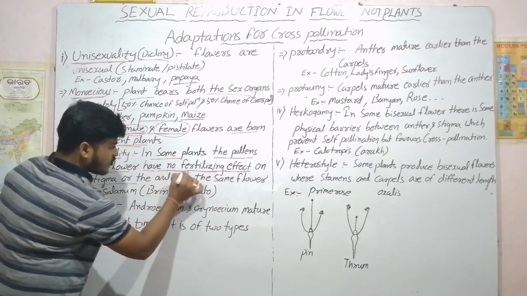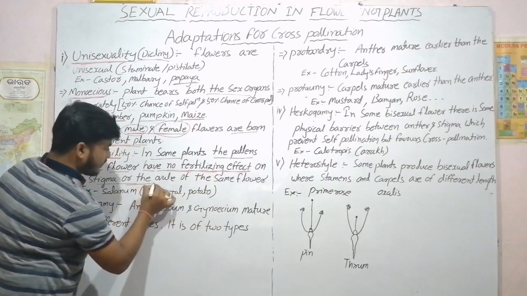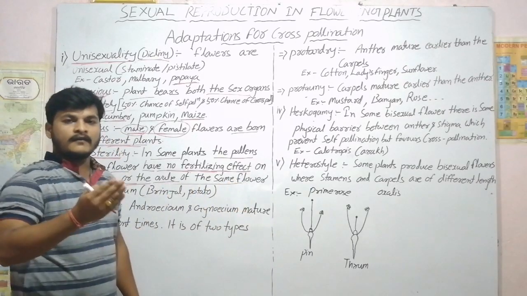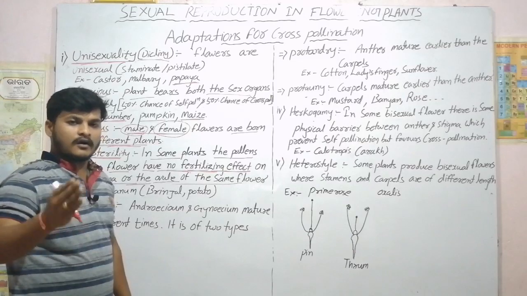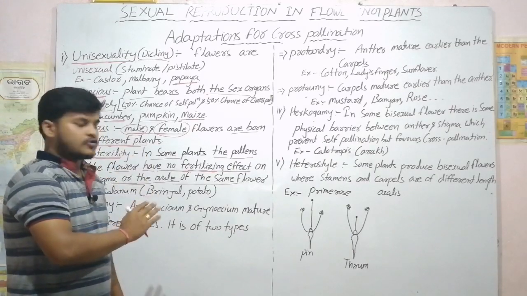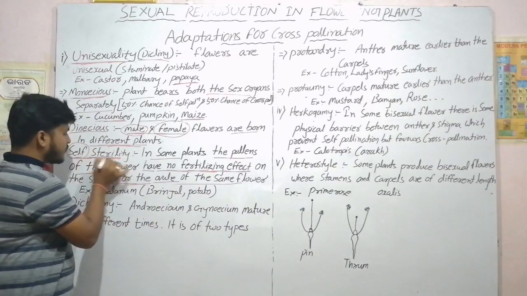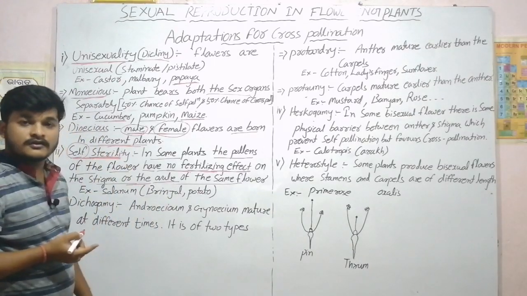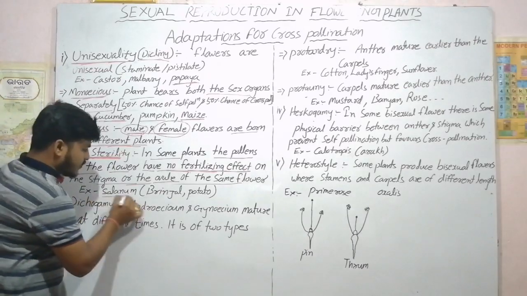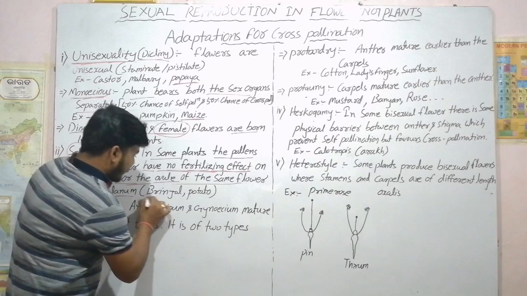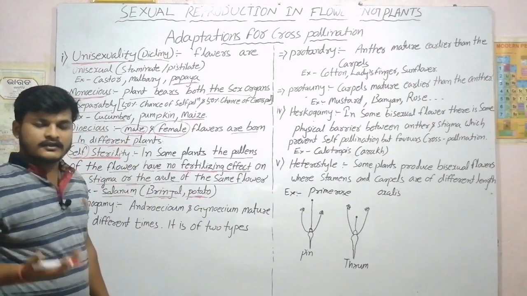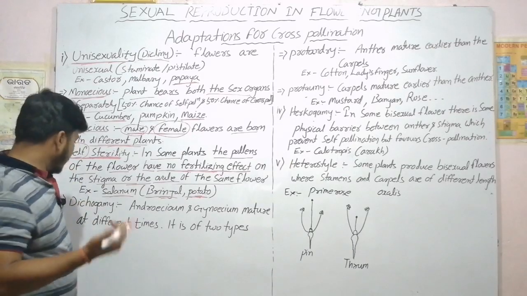That means it may fertilize the stigma of another flower of the same species but not that flower. So it is also a condition of cross-pollination. The sterility condition is one of the adaptations of cross-pollination, and the most common examples are the Solanum family, brinjal and potato.